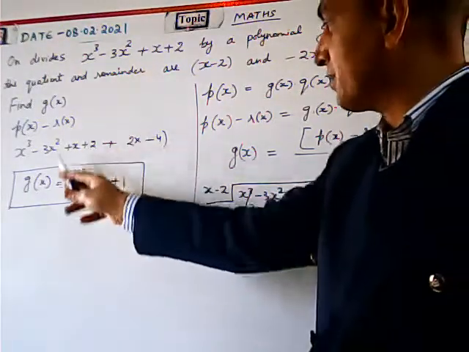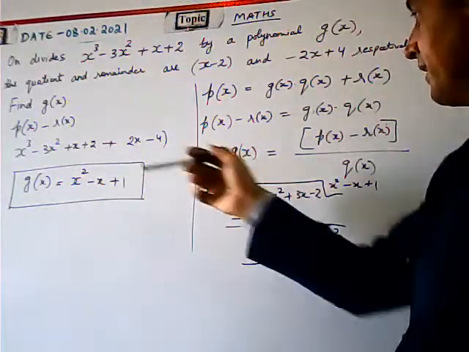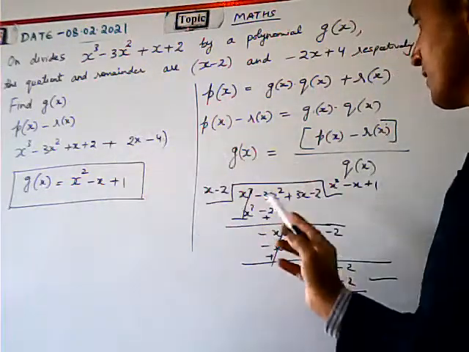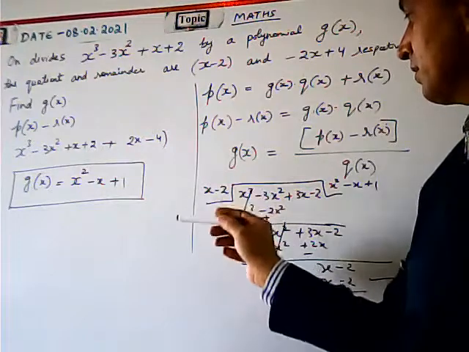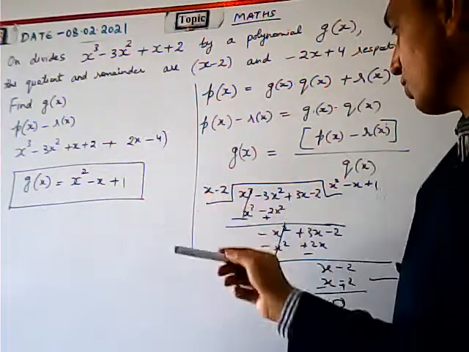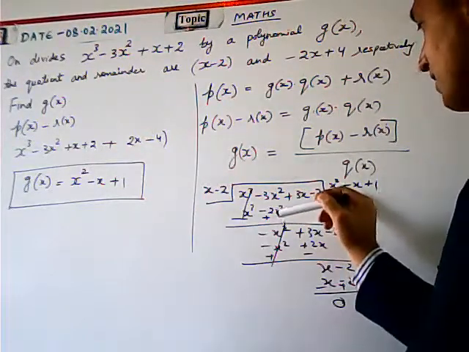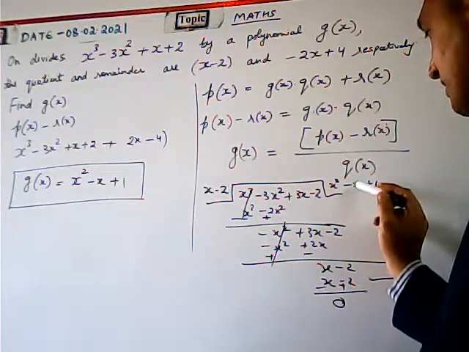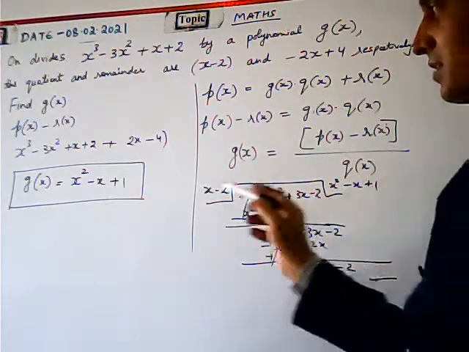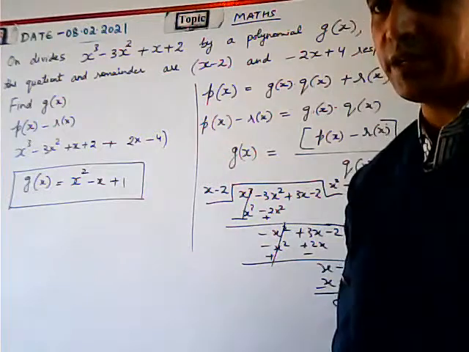So 2x and x become 3x, and minus 2. By dividing with the quotient, x minus 2, we get x square minus x plus 1. That is the g(x) here.